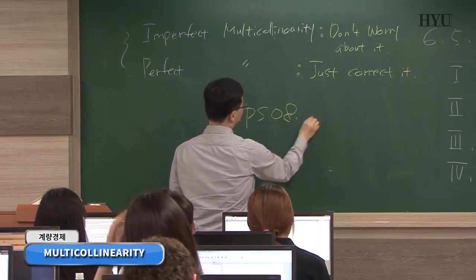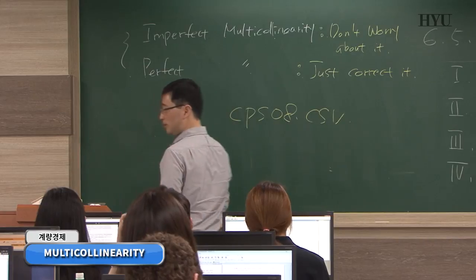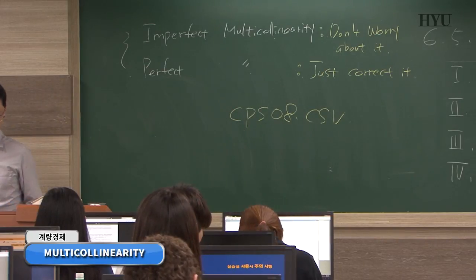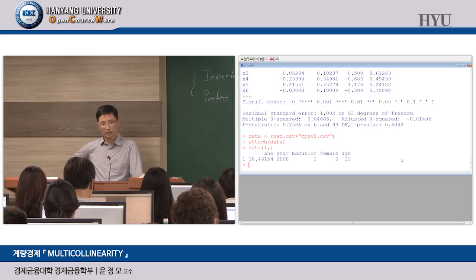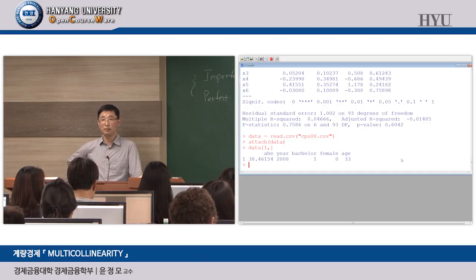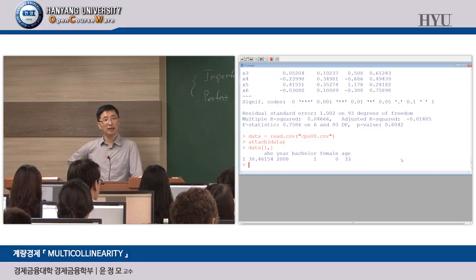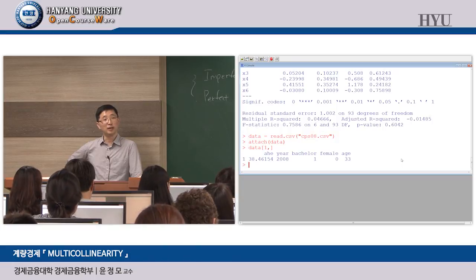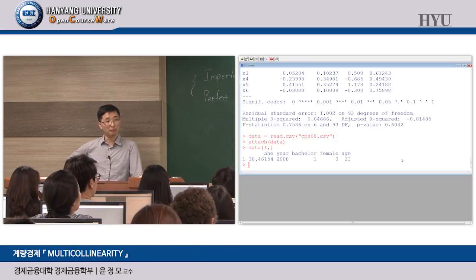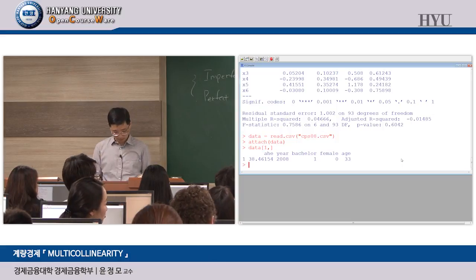Let's do it together. And read this data set. In this data set, we have this female dummy, right? So female gets 1 and male gets 0. Do you remember this question where I asked you to make a male dummy? So how do you make a male dummy? Can you make it?